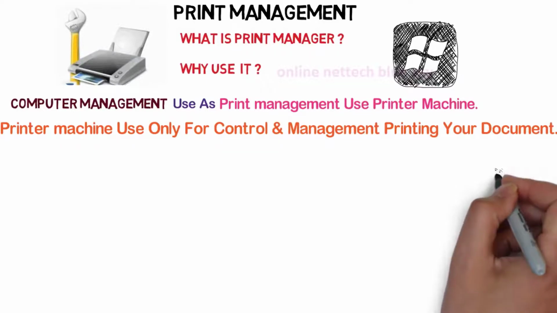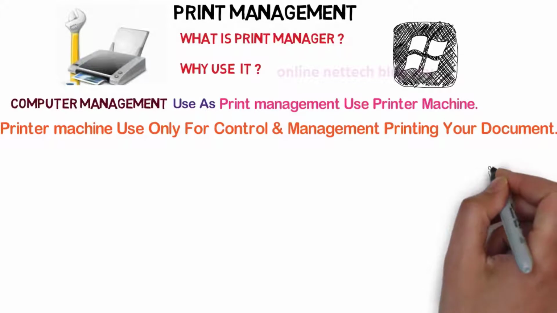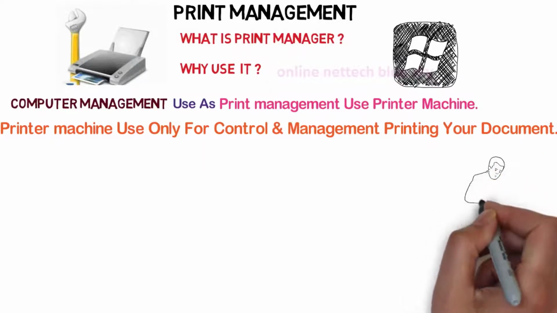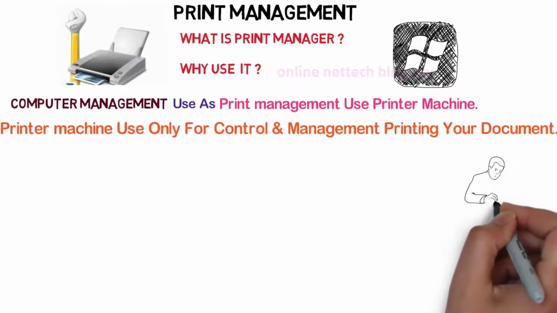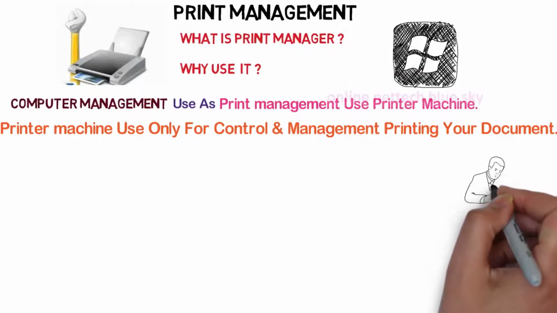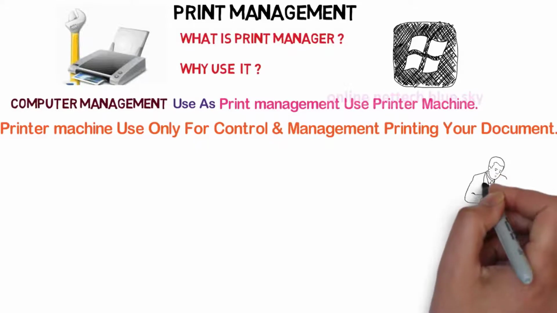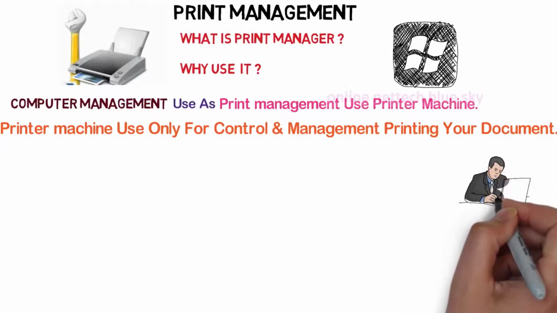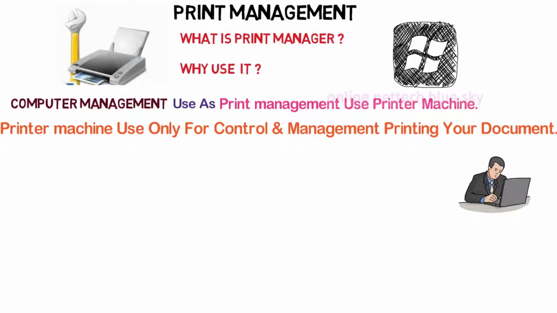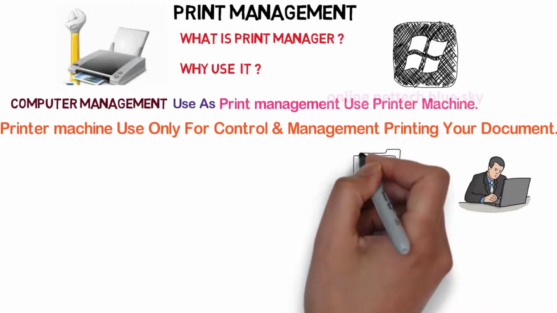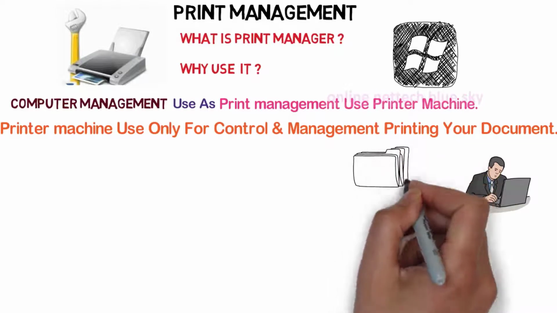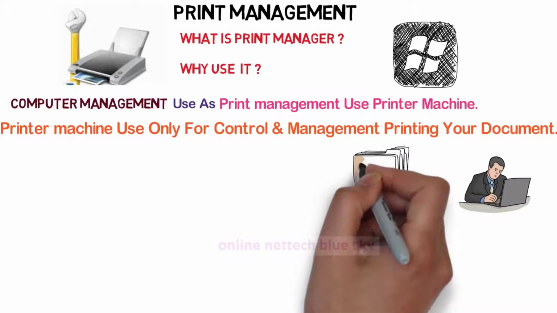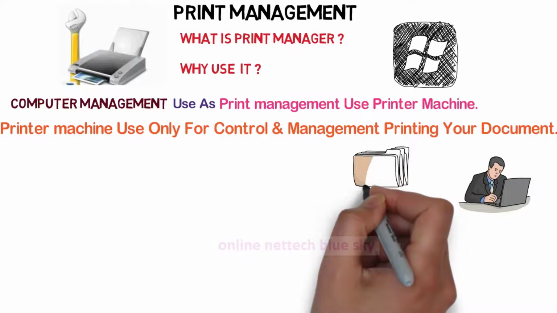Document means any document you have. Suppose you want to print different devices and different mechanical parts. First you need a printer. Different types of printers are available in the market, you can see here. I will discuss that in a later video, but for a printer you first need a document.